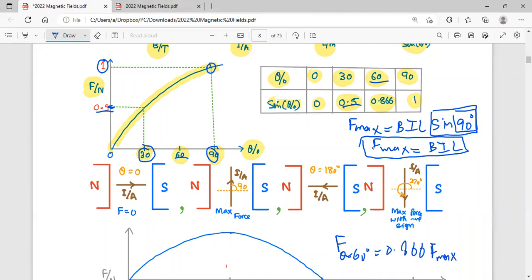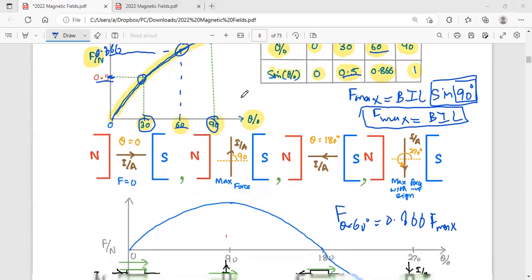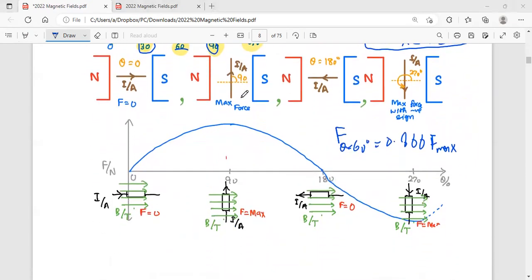That's how you plot the 60-degree point, roughly at 0.866. You get these points, and then you connect them with this line. That's how you plot the graph between force and angle, and this is an important graph. This often comes in the exam as well.